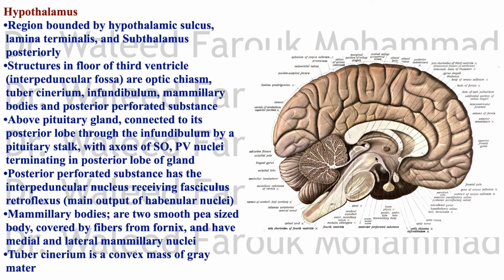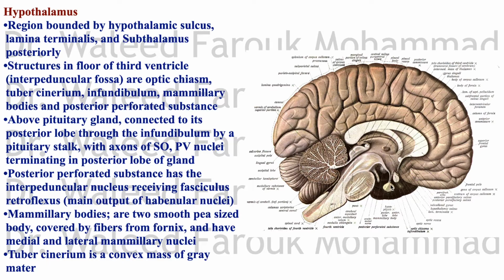The structures in the floor of the third ventricle are the optic chiasma, infundibulum, tuber cinereum, a piece of gray matter. The infundibulum is the top of the pituitary stalk. Then the mammillary bodies, and posteriorly the posterior perforated substance.